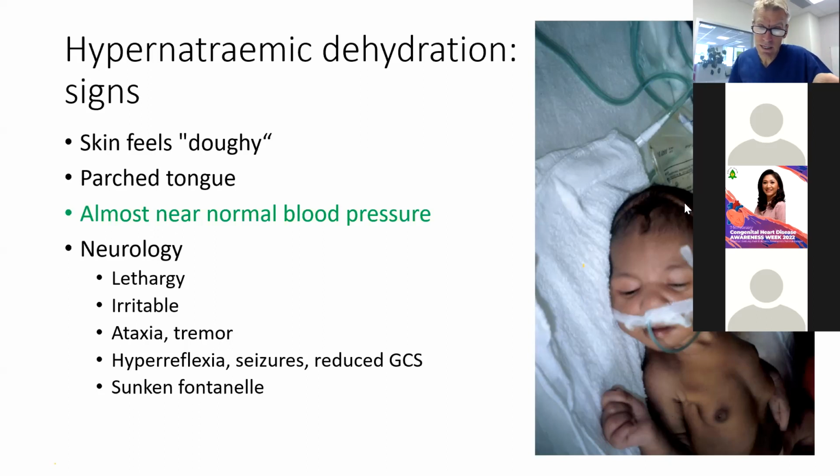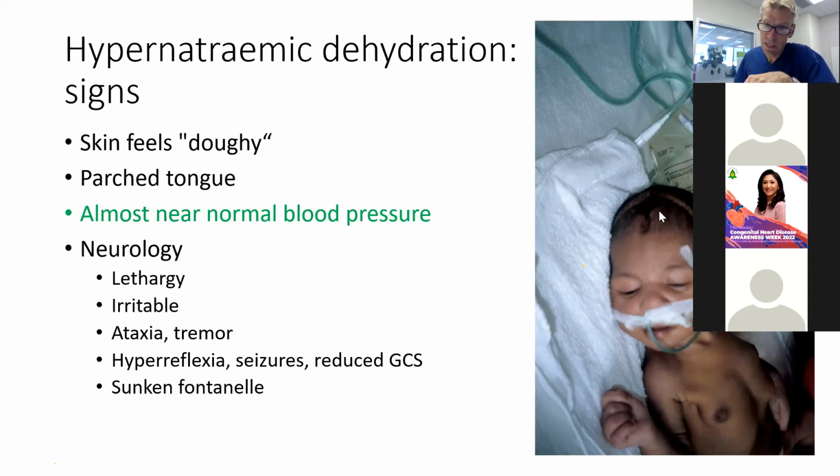This baby had a serum sodium of 175, and you can see how sunken the fontanelle is. And that's because if you've got a very high serum sodium, then the osmolarity will be high, and so all the cells will be very dehydrated because water moves out of the cells into the interstitial fluid and into the intravascular fluid to maintain the intravascular volume and to try to correct the hyperosmolarity.